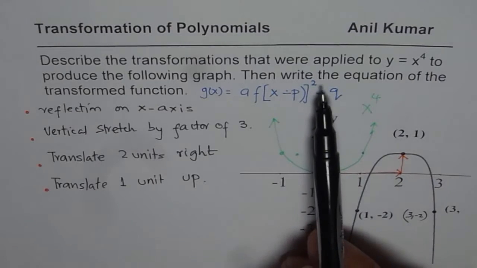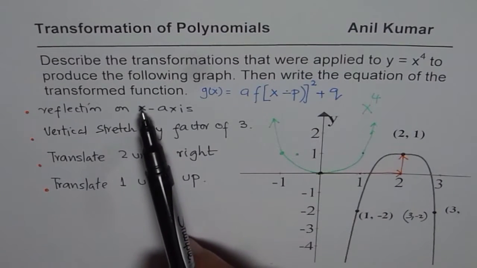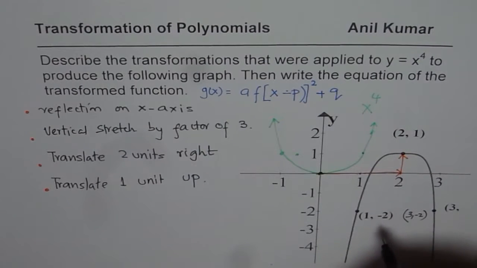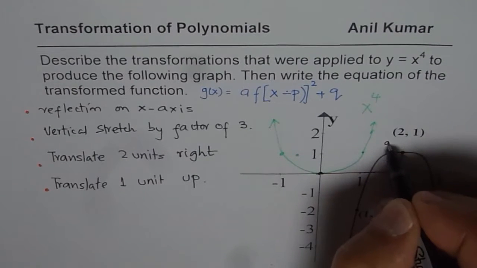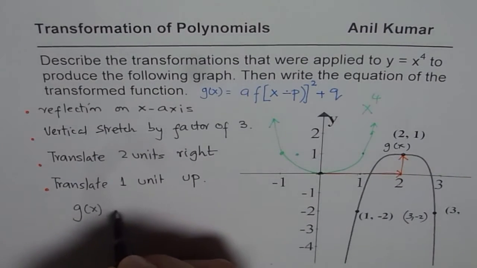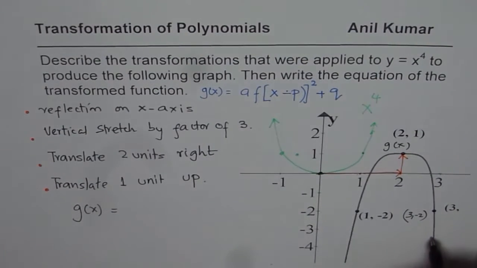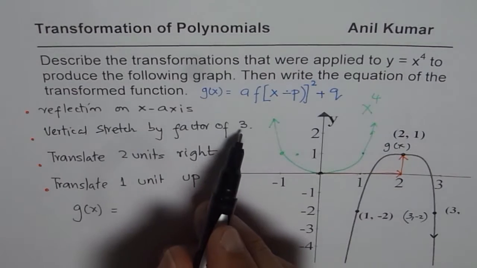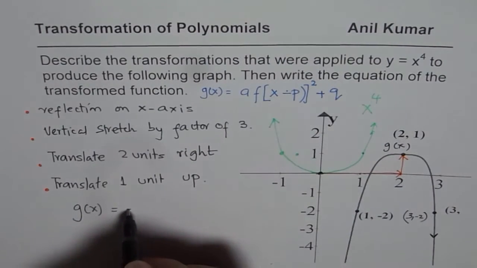Now we need to write the equation of the transformed function. We'll consider this general equation and then write down the equation for the function. Let the function be g of x. Since the right side is down, a has to be negative. a is the vertical stretch factor, which is 3 in our case, so it is minus 3.